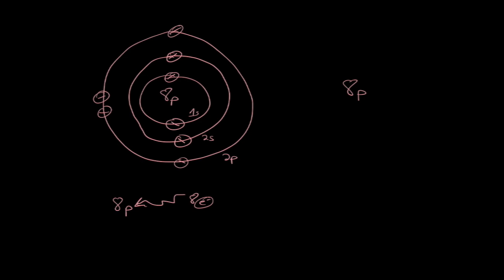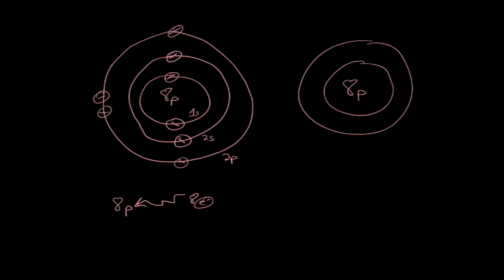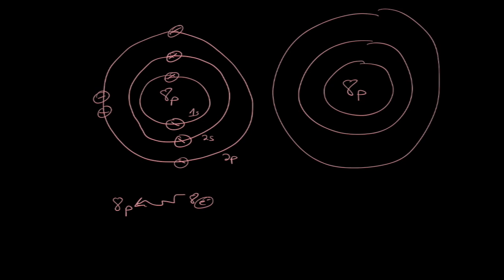So right now that's all 8, and if we do the same thing over here, that's 1, 2, 3, 4, 5, 6, 7, 8. That's all 8 electrons and 8 protons.